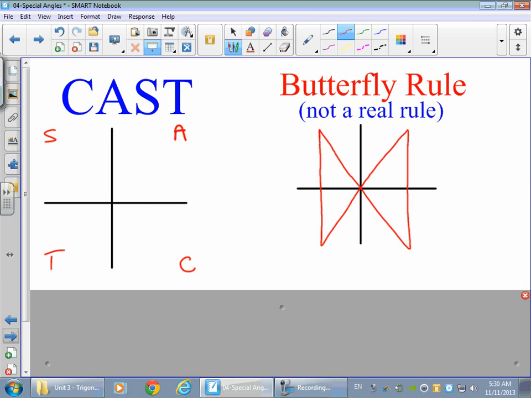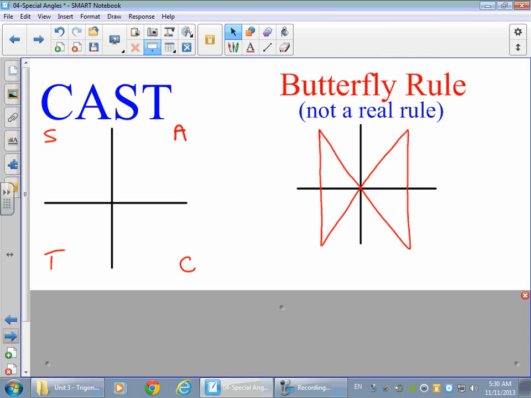Just a quick little reminder of the CAST rule. Again, whatever you want to remember here is fine. All soup turns cold. I've heard all students take calculus. Just remembering CAST starting down in the fourth quadrant is fine.